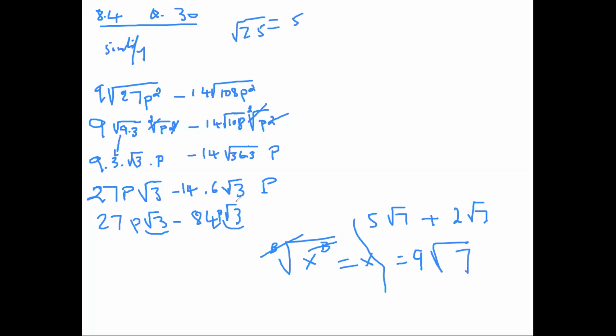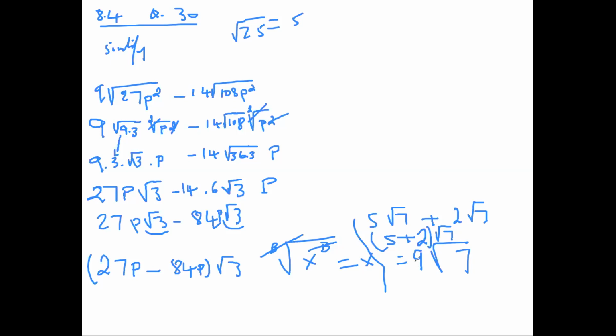Same thing here, so we have the same radical. So we're going to combine, so 27p minus 84p of the same thing, which is radical 3. Just like here, so here you do 5 plus 2, in parentheses, radical 7.